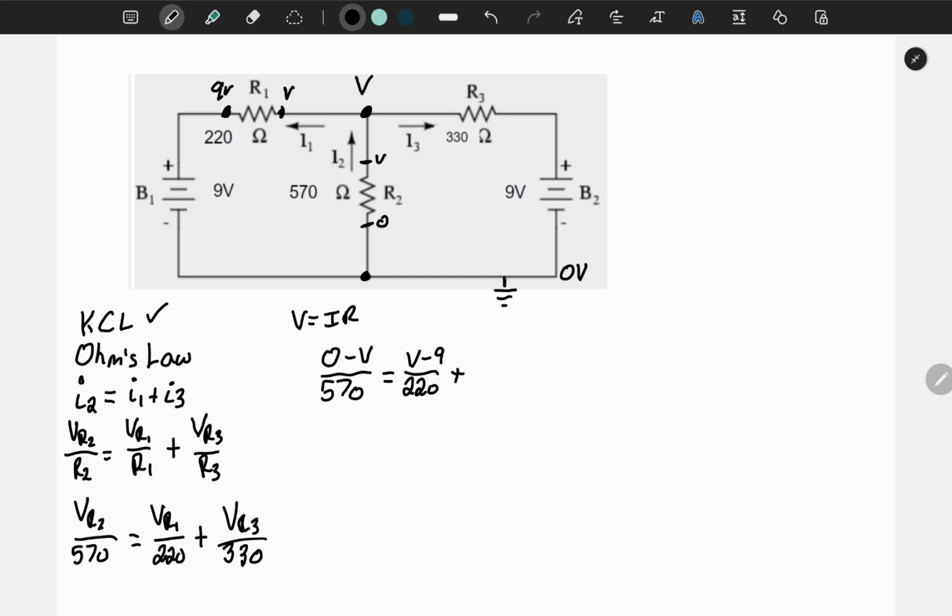The voltage across resistor 3 starts here, ends here. The voltage right here is V because it's connected to this node. The voltage right here would be 9 because it's connected directly to the battery. So it starts at V, ends at 9.